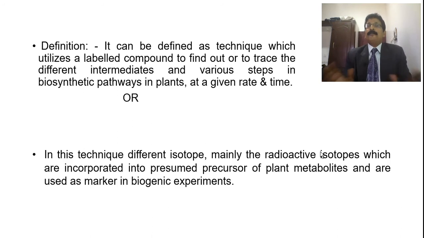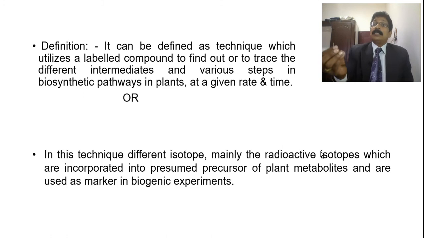For example, say you want to know what will happen to a small compound like glucose, taken as food. You want to find out what happens to this glucose molecule when I take it orally. The glucose molecule has carbon, hydrogen and oxygen, and there are many isotopes for carbon: carbon 14 is there, and for oxygen, oxygen 18.